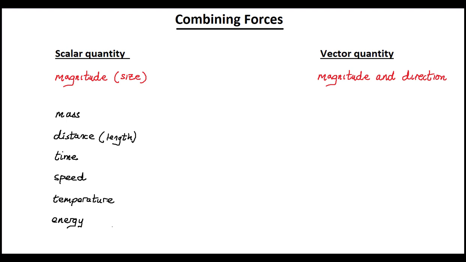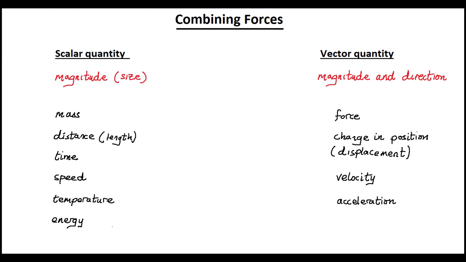Examples of vector quantities are force, which is what we're looking at in this unit, change in position or displacement, velocity, which is a measure of how position changes with time, and acceleration, which is a measure of how velocity changes with time. Since velocity is a vector quantity, acceleration is also a vector quantity. Then there is momentum, which is the velocity multiplied by the mass of an object, and which is therefore also a vector quantity.